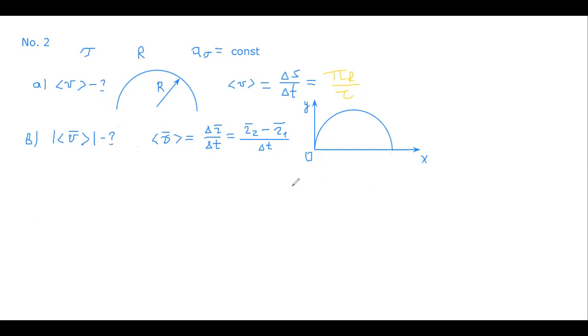R1 is a radius vector of the initial position of our point. R2 is the final position. So can we define where the initial position was and where the final one is? Yes, okay, I agree.